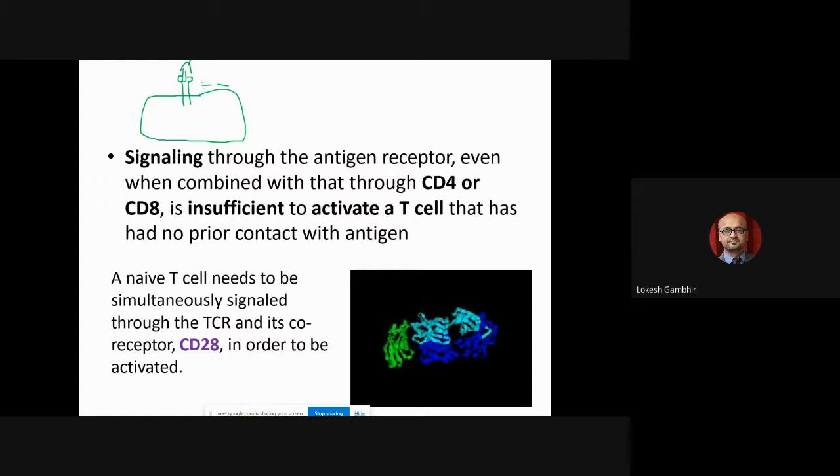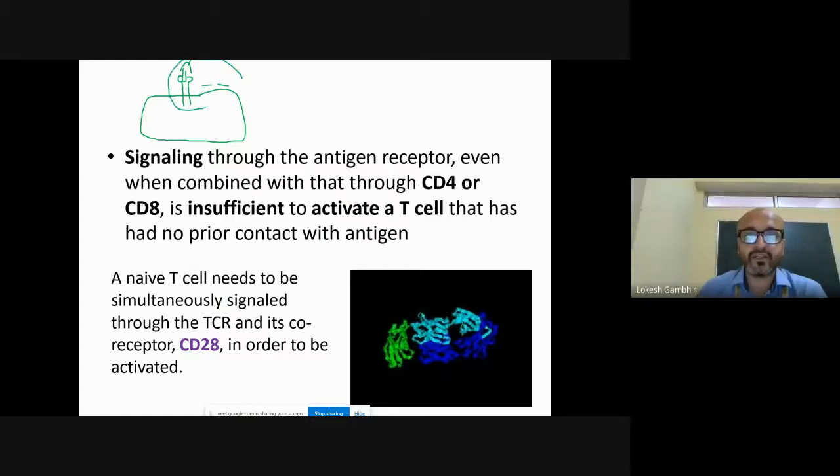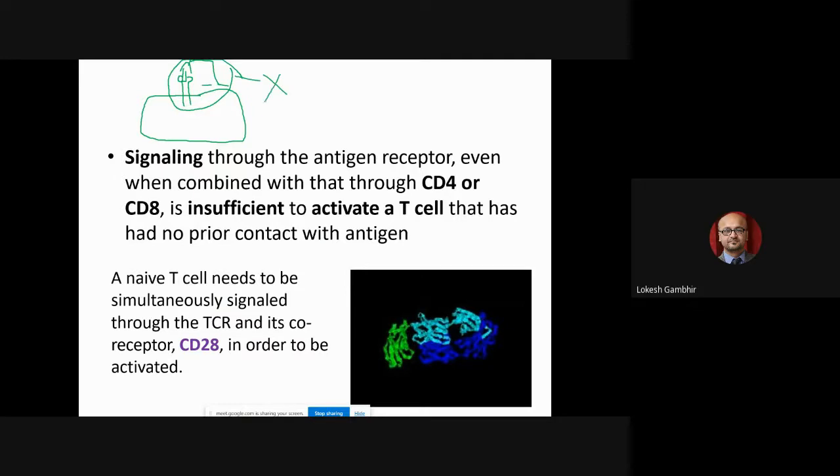Please listen carefully. This binding of the antigen receptor, and binding of CD4 to the MHC, is not sufficient to activate the T cell. The T cell needs an extra stimulus. Now, please understand why. This is a T cell which has never been exposed to any kind of antigen.